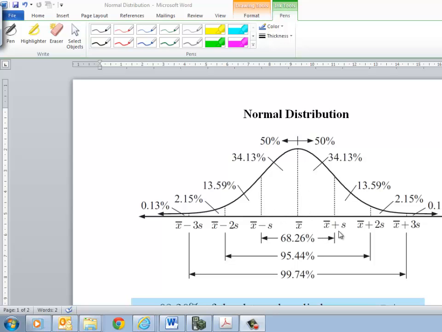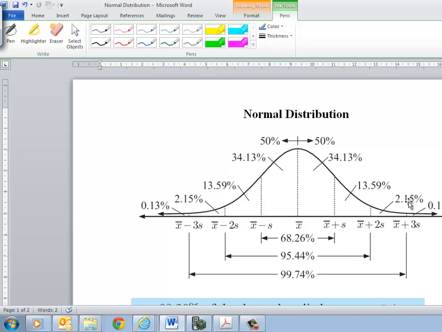So what we know is with a normal distribution that roughly 68% of our population lies within one standard deviation. All right. So if you start looking at that data there, and then we know that within two standard deviations, 95.44% of our population lies within two standard deviations, and within three standard deviations, nearly all of our population lies within three standard deviations.